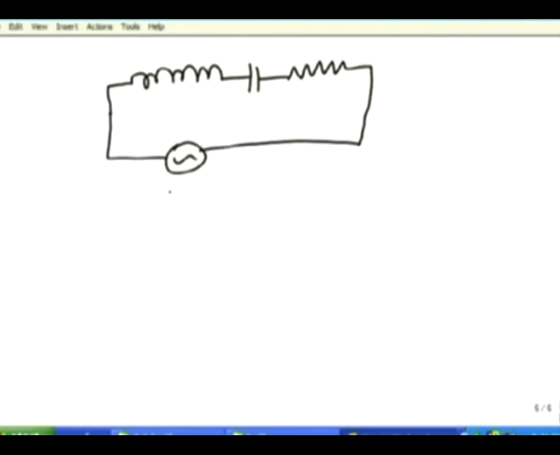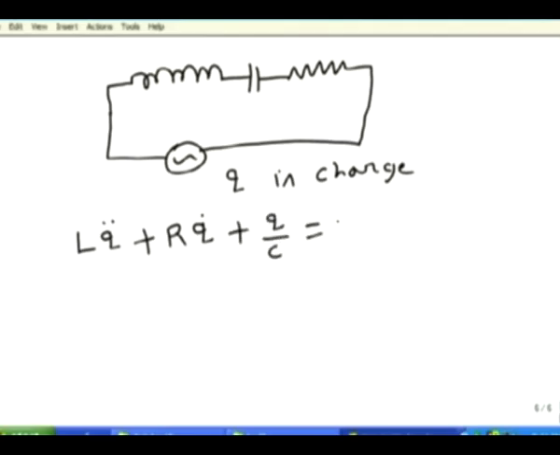Here in this case, if Q is the charge, then you have the differential equation L Q double dot, which is basically L times di by dt, where L is the inductance, plus R times Q dot, that means basically R times I, plus Q by C. This is equal to Em sin omega t, where this is the AC voltage.